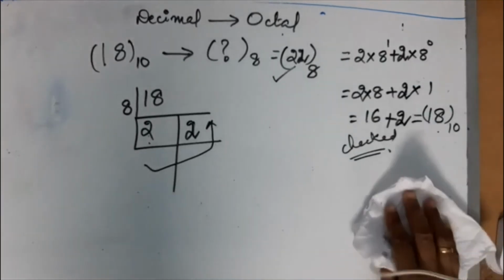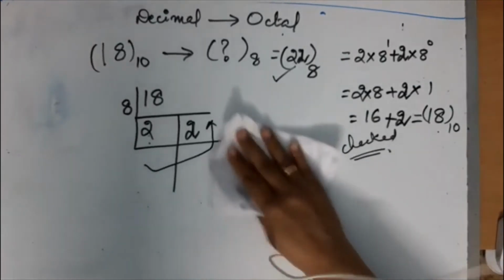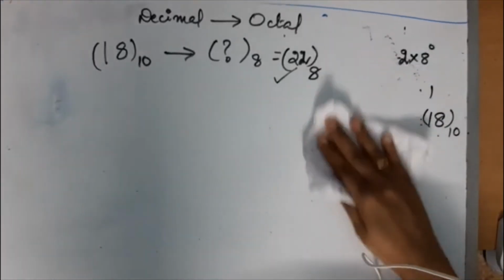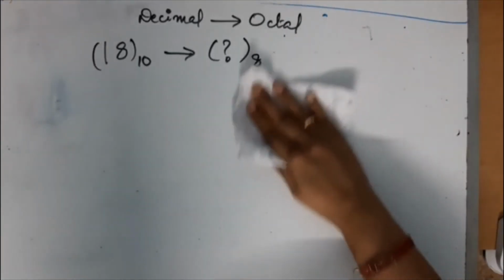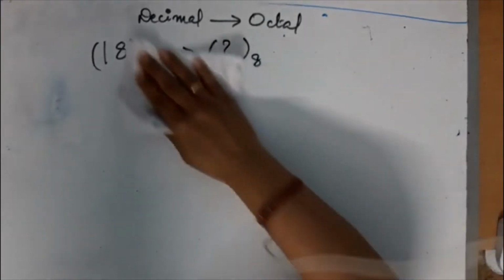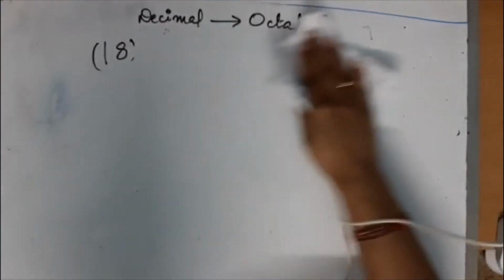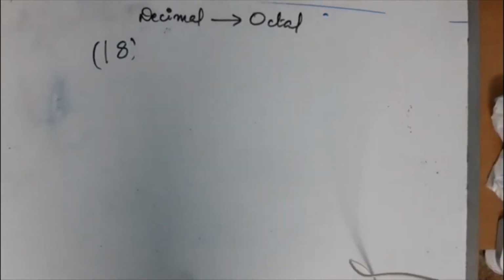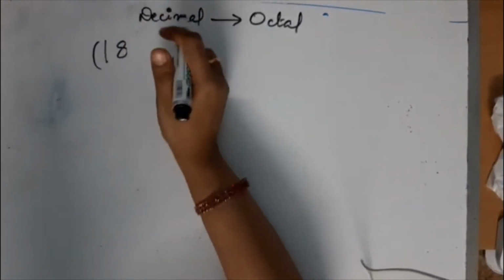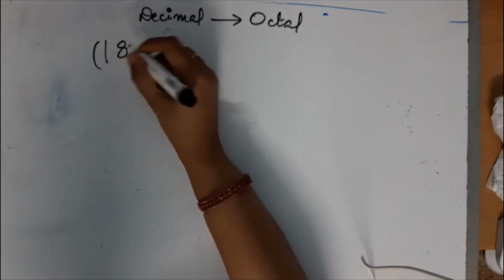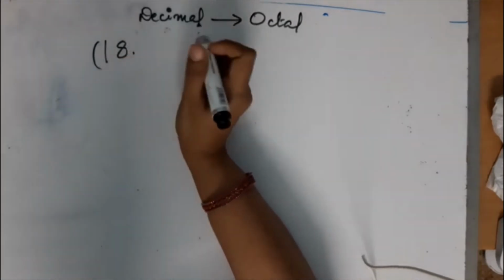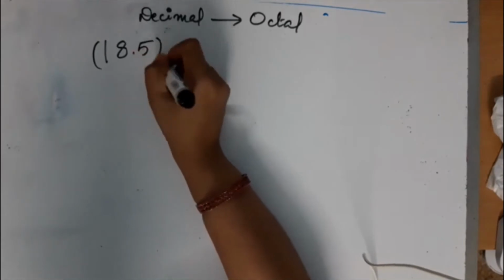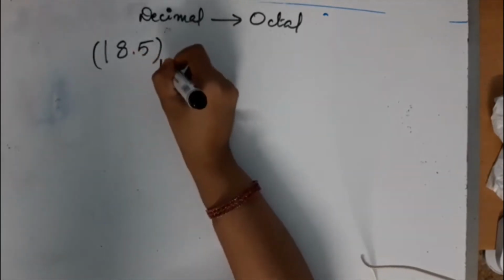Likewise, suppose a fraction part is also needed. Suppose the question was something like 18 point 5 to the base 10.